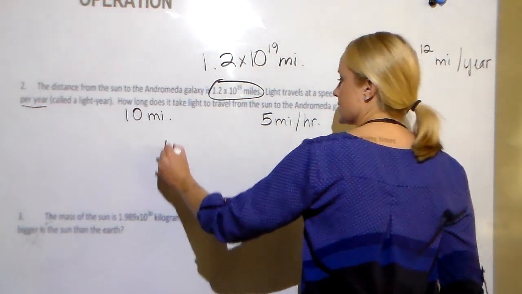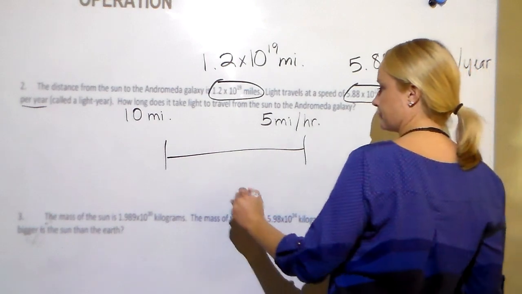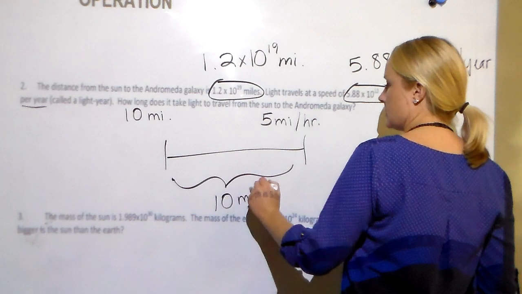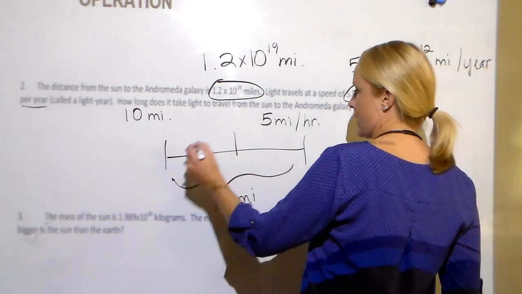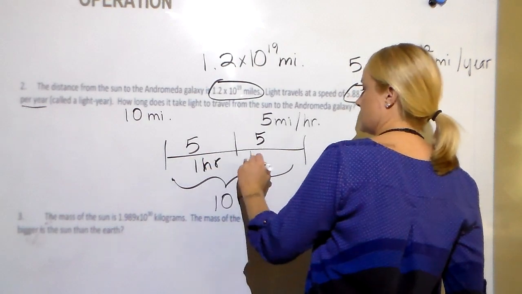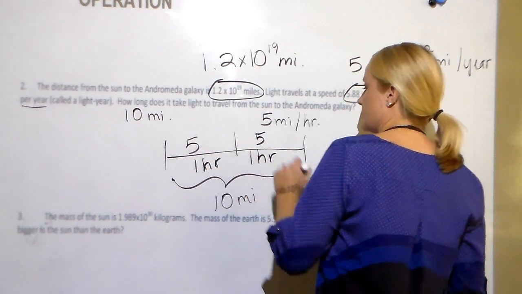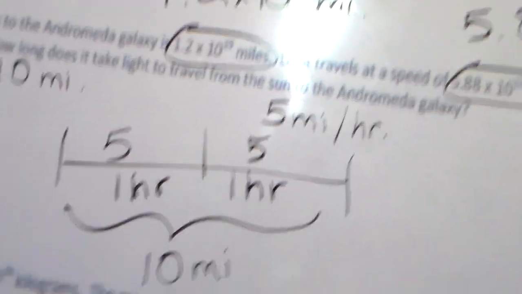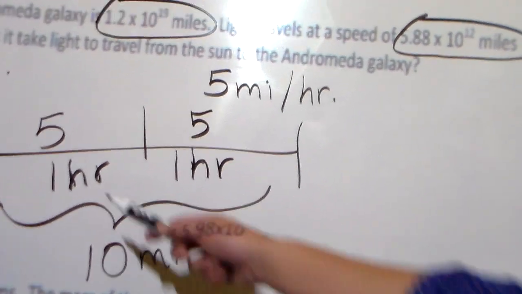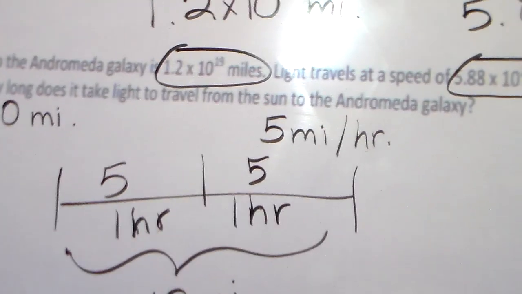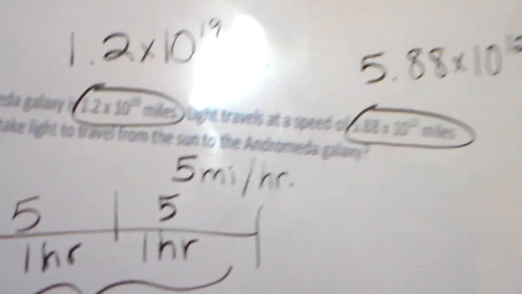Well, if I have a distance of 10 miles, and every hour I'm going 5 miles, then I can divide that out. 10 miles divided by 5 miles in an hour, and I could see that it would take me 2 hours to get to work by walking or riding my bike, because that's pretty slow, 5 miles per hour.